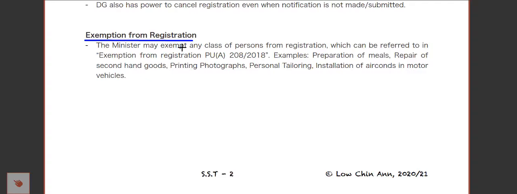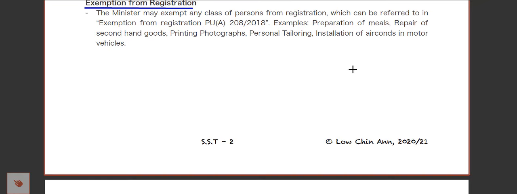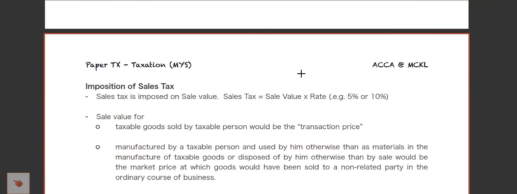So I've given you some example of products that could fall under exemption. Okay, that's a long list, but I'm just giving you some example. Like if your business involved with preparation of meal, repairing second-hand goods, printing photograph, tailoring, installing air cons in vehicles, these are all things that will be exempted.